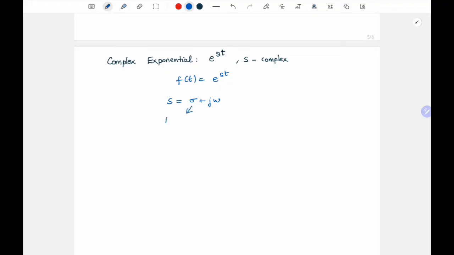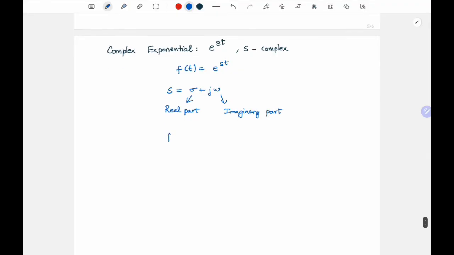So this is the real part, and this is the imaginary part, right? And then what does f of t become? E power sigma plus j omega into t, and you can multiply, you will get e power sigma t into e power j omega t.